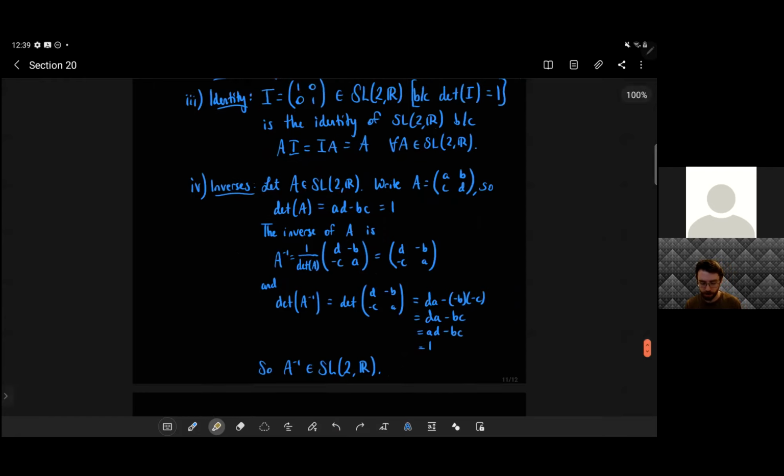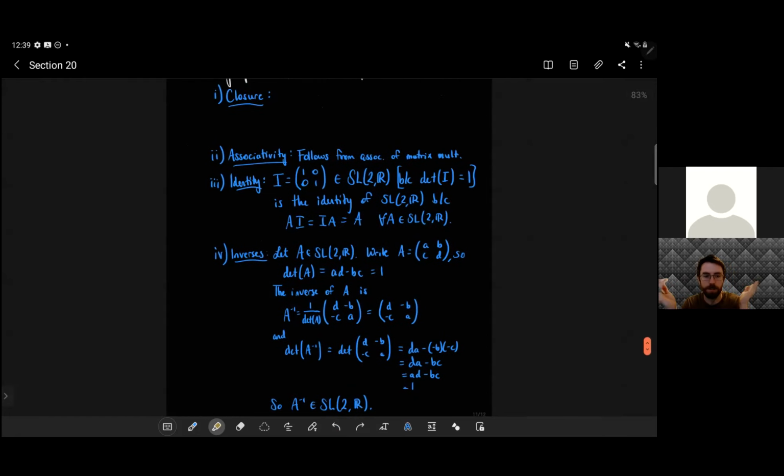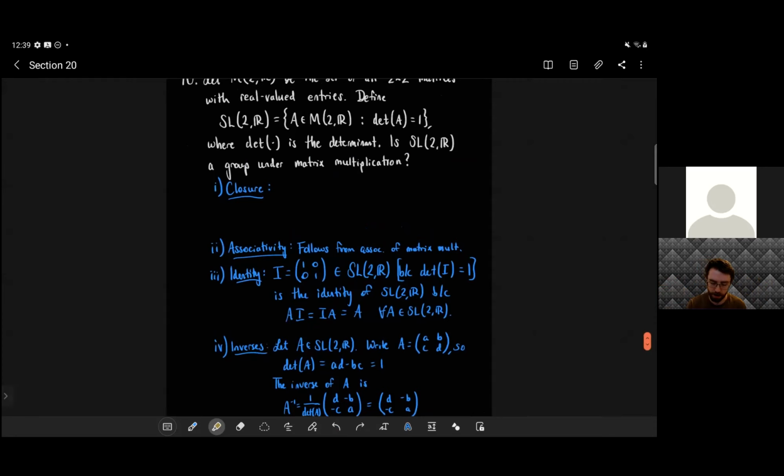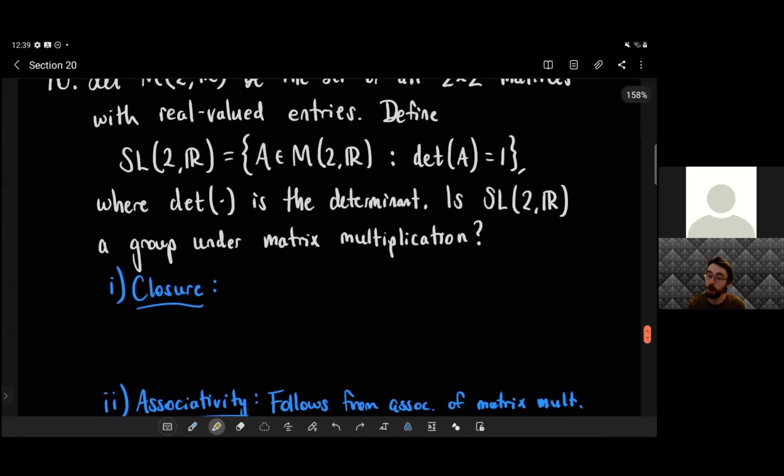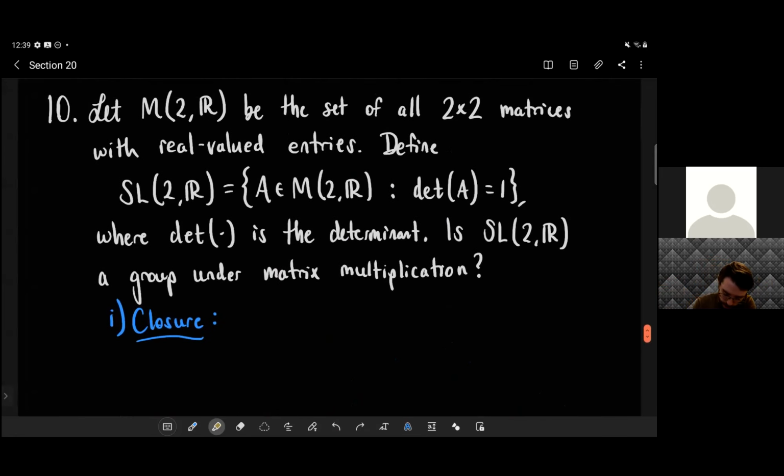All right, last question, we skipped closure. Is it closed? If I take two matrices in the special linear group and multiply them, do I stay in the special linear group? Do I stay determinant 1 is the question. So let A and B be in SL2R. Then what does that mean?